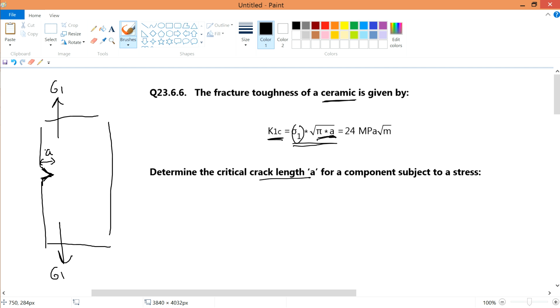It's not an area, so please be careful. This also lays down the understanding that you must remember: when we talk about cracks, you're going to talk about fracture toughness, then you're going to talk about this equation. So you need to take note of this. The fracture toughness is simply 24 MPa square root m.